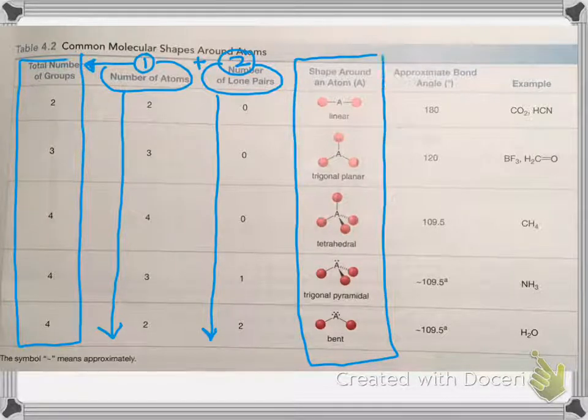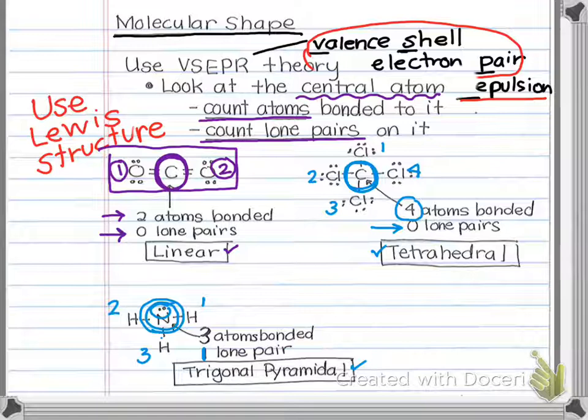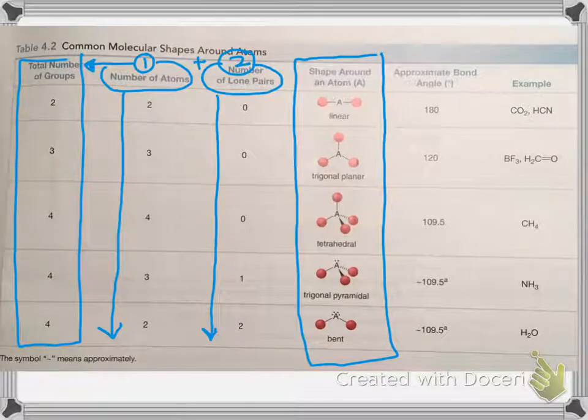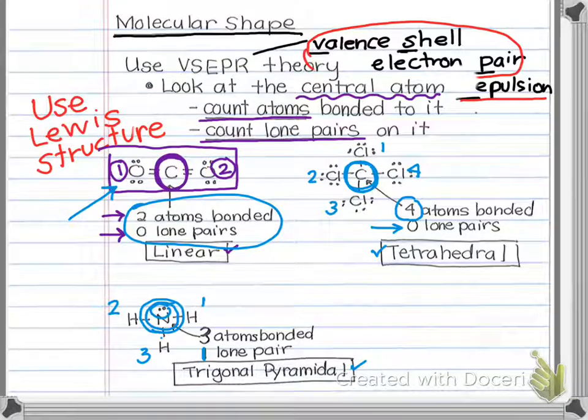So if we look back on this first example, it has 2 atoms and 0 lone pairs. So 2 atoms, 0 lone pairs is linear. I'm going to use a different color.